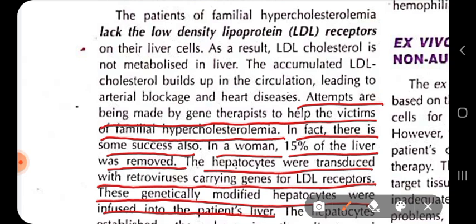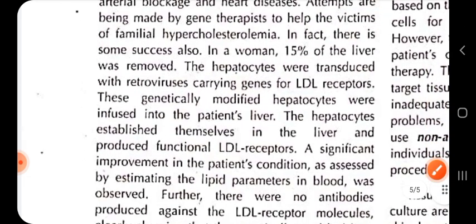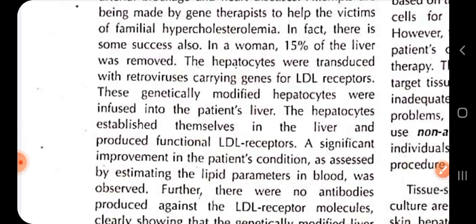We check which of these hepatocytes are transfected and properly expressing that LDL receptor gene. Then these genetically modified hepatocytes were again reintroduced into the patient's liver. So it seems like a very easy thing, but it's not so simple if you go for it practically.